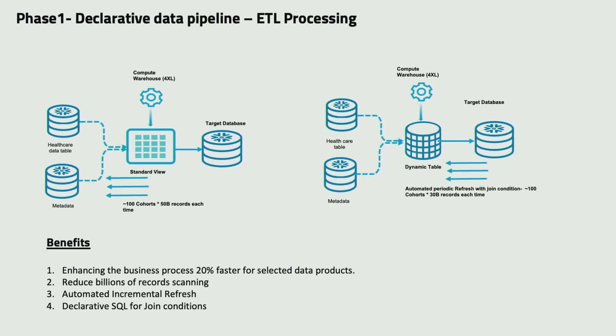As an outcome of this architecture, now when Komodo Health requests data products, you're scanning only 30 billion records, not 50 billion, and you're focusing only on the dynamic table. It doesn't even have to go back and search all the data from the backend tables. It becomes so fast. It saves about 20% of the total cost they're spending with Snowflake. It becomes cheaper for them.